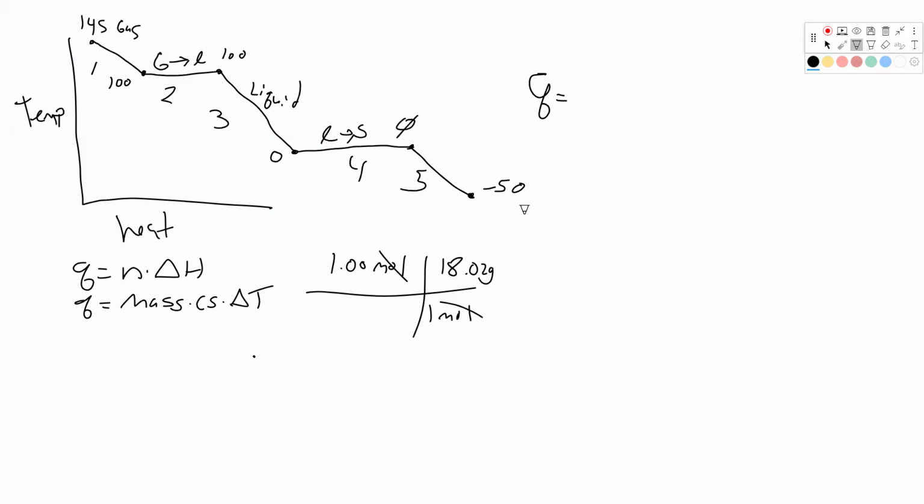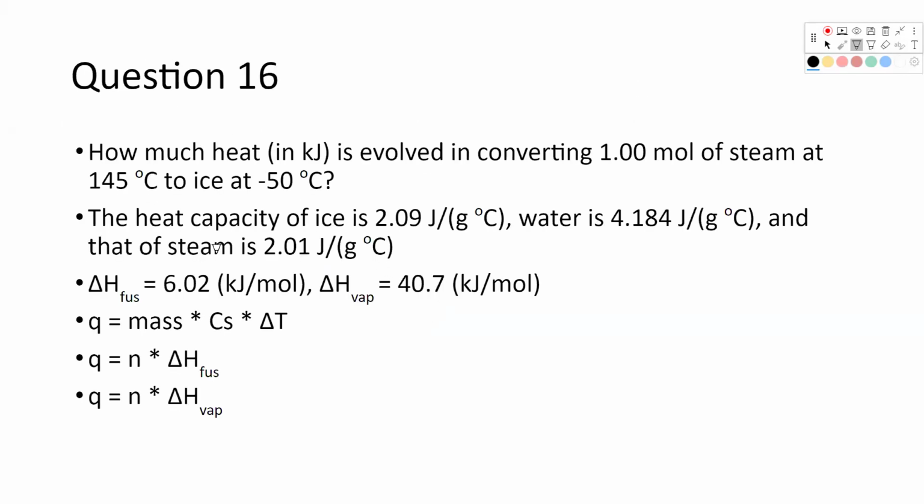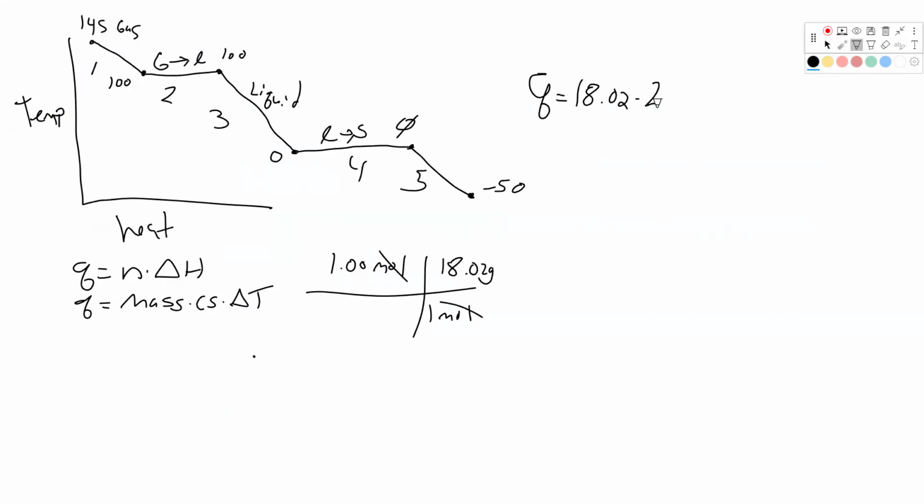So we actually have 18.02 grams of water, times the specific heat capacity. So we're at a gas. The heat capacity of steam is 2.01. So multiply by 2.01. Let me have my units. That's joules divided by grams centigrade. Then multiply by delta T.